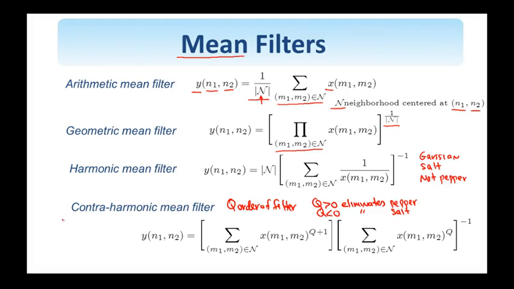It's easy to verify that for Q equals 0 I obtain the arithmetic mean, while for Q equals -1 I obtain the harmonic mean filter. With the exception of the arithmetic mean filter, the remaining are nonlinear filters, and therefore I cannot really describe them in the frequency domain, see their shape in the frequency domain.